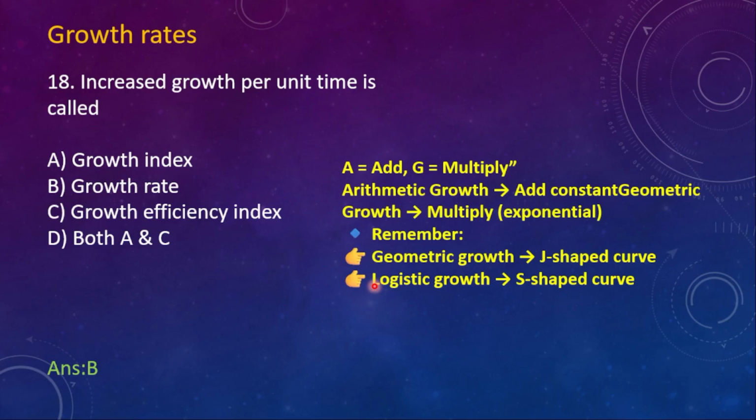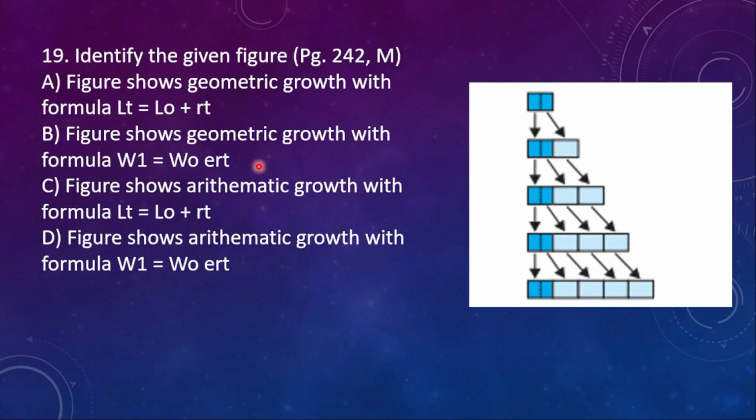You will all learn about those in growth, isn't it? So here you just keep in mind these two, arithmetic growth and then geometric growth. Arithmetic growth always adds constantly, whereas geometric growth always multiplies. Arithmetic A add and then geometric G multiply.